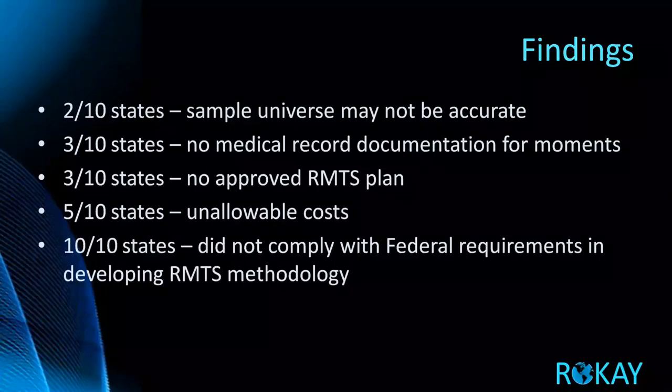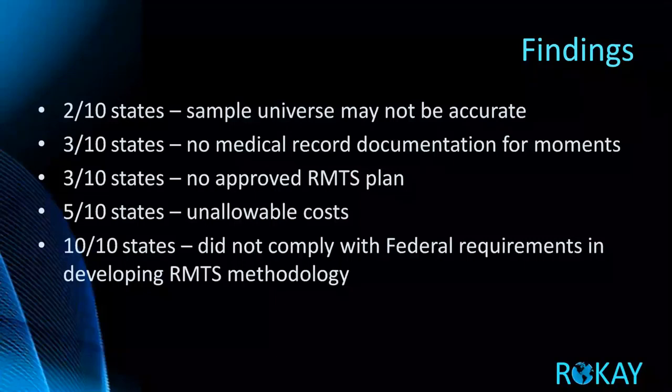Now, I've got to say, they don't say this in the report, but if I work at a state Medicaid agency and I have something to do with school Medicaid, and 5 years ago here comes an audit report from OIG, I read that, and if it has to do with RMTS, and I have RMTS in my state, I'm going to check and see if we have the same problems that the state in this audit report has.